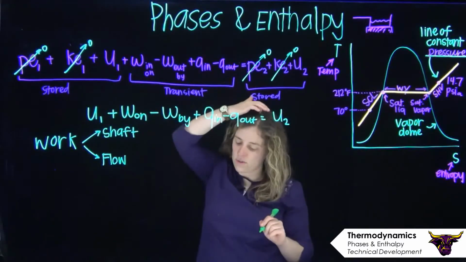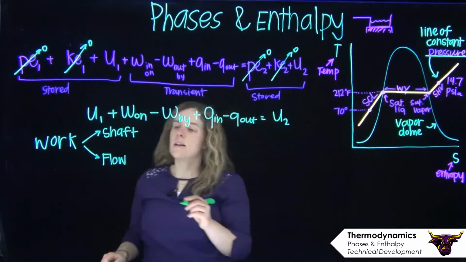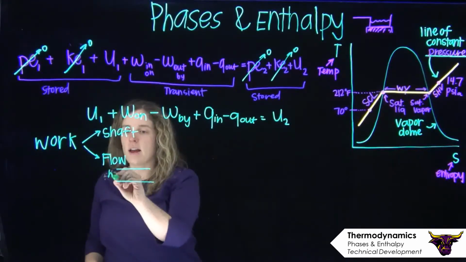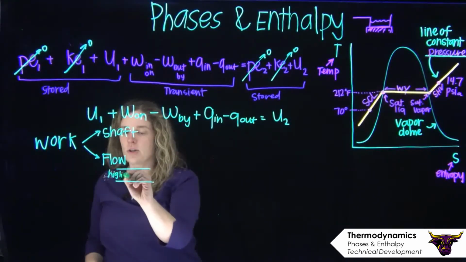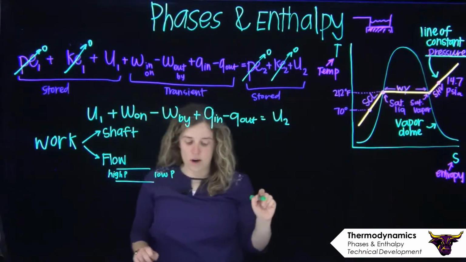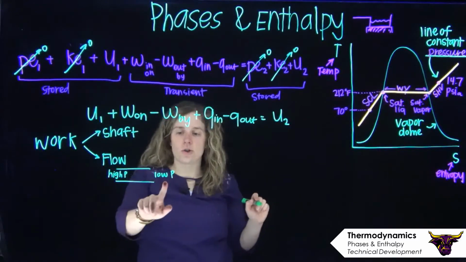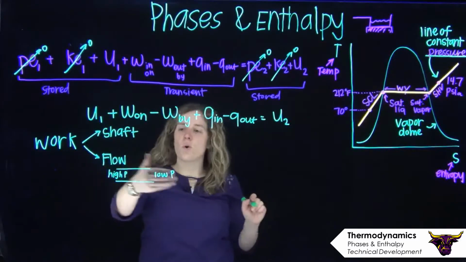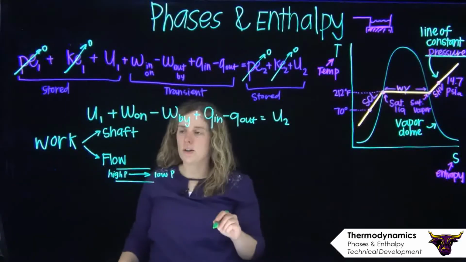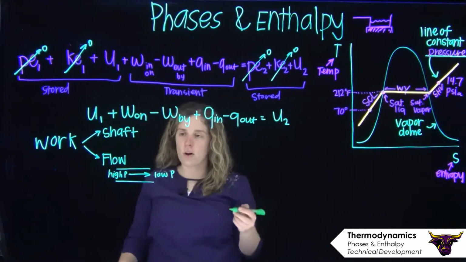If you had a pipe with a high pressure on this side and a low pressure on this side, the pressure difference causes a force over that distance. So that's going to be flow work.